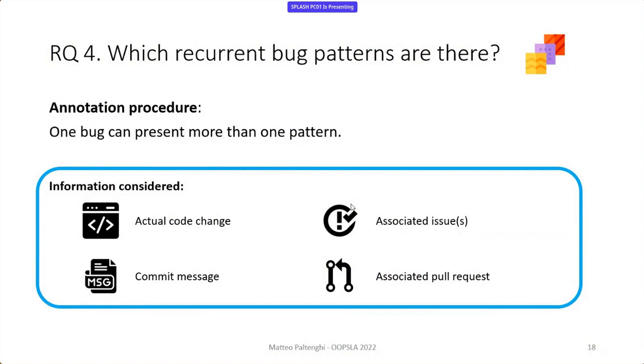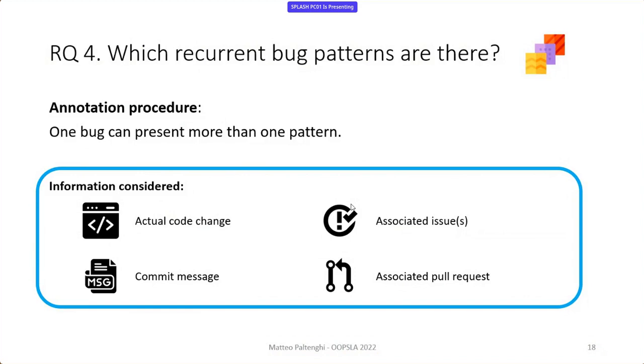Now that we have a better look at where these bugs are located and how they manifest, I want to try to identify patterns in these bugs. So the kind of information that we analyzed is the following. We looked at the actual code change that we could gather from the bug-fix commit, the commit message, which was, again, informative about the bug, and also the associated developer discussion in the form of an associated issue or pull request.